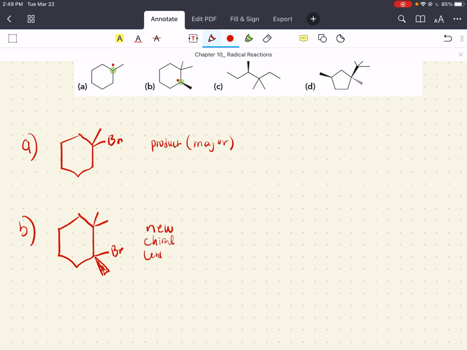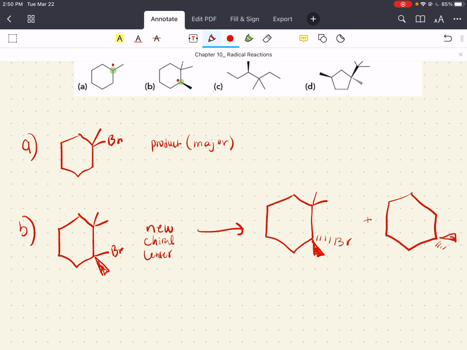What that means is we're going to get a racemic mixture of products. And so that means we want to draw our products appropriately. We're going to have our bromine on a dash and our bromine on a wedge. And these are our two products for this racemic.